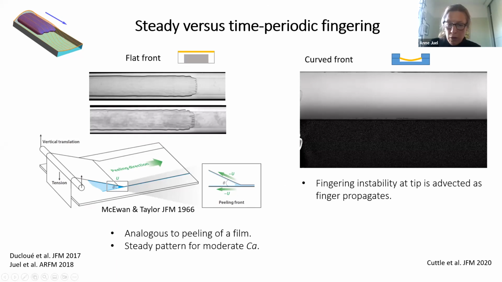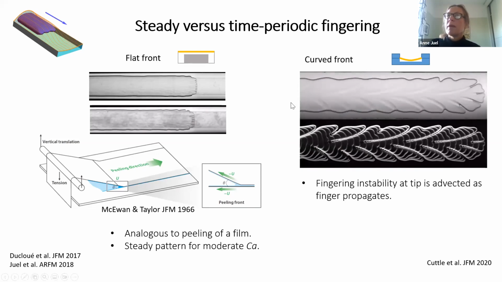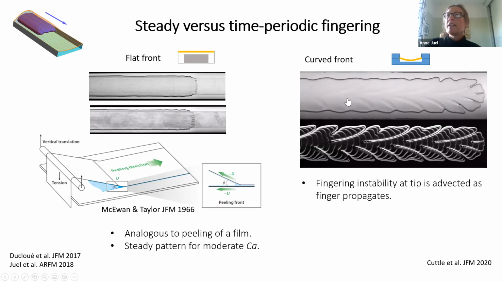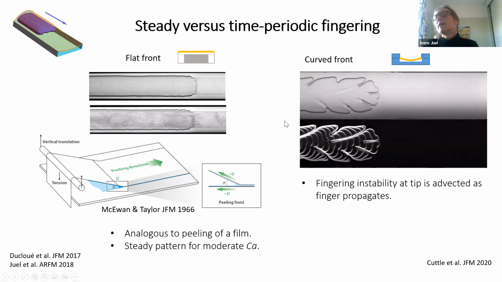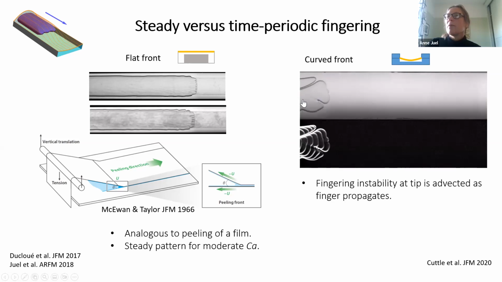Now, if you move to a curved front, and you can do that by avoiding engineering the cross section of your system, you start with a curved front, and then you get a very different type of behavior. You still get fingering in this system, very different from what you get in the rigid system.